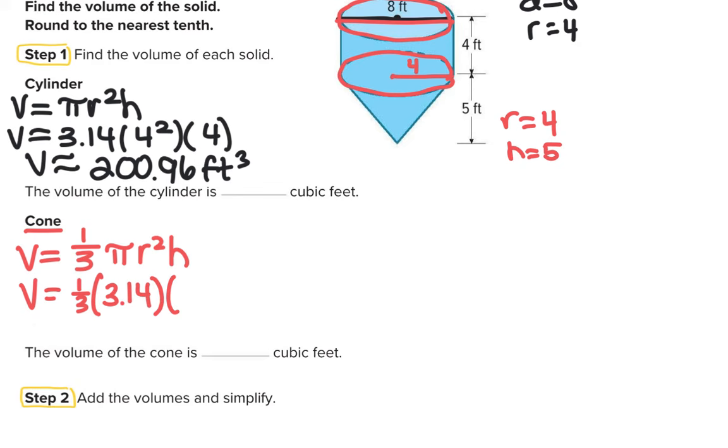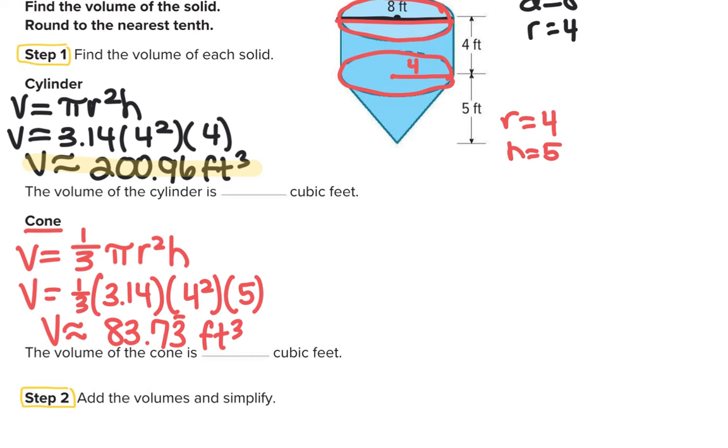My radius is 4 squared times my height, which is 5. And then we'll pause, calculate, and see what we get. And when I plug that into my calculator, I get a volume of approximately 83.73, repeating, cubic feet.